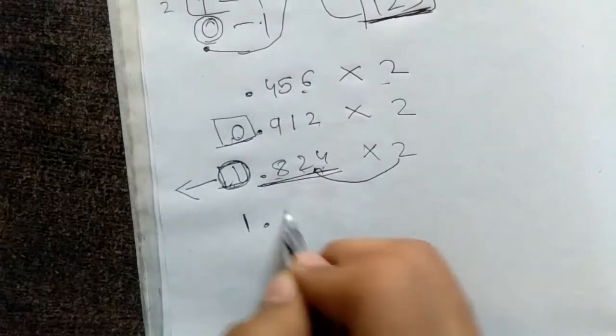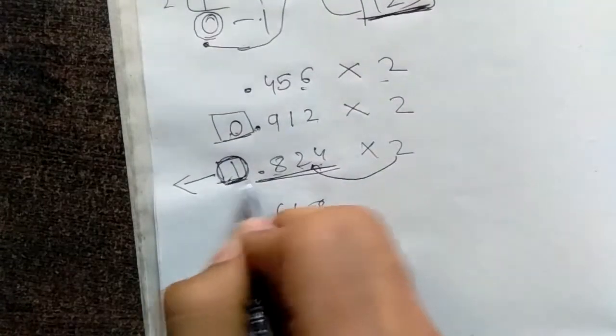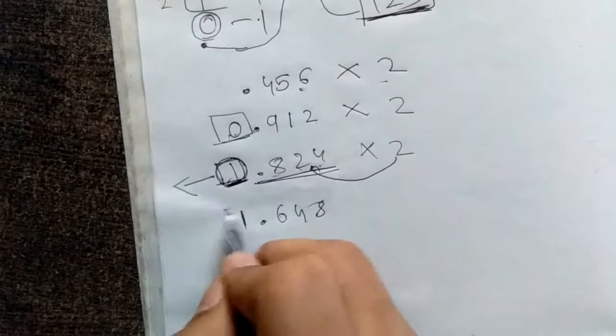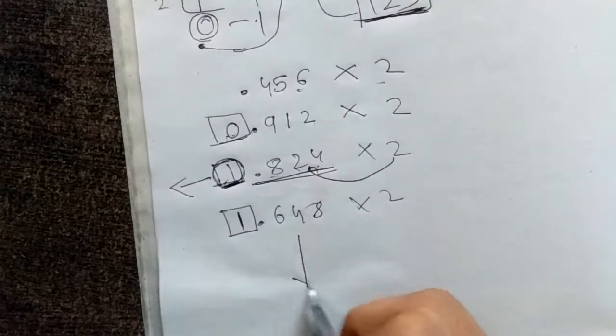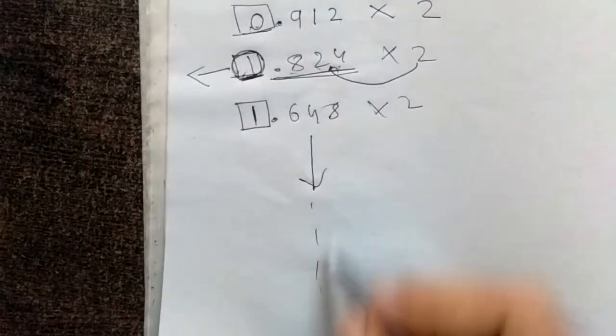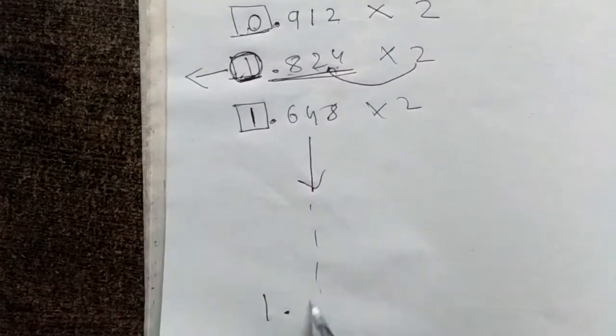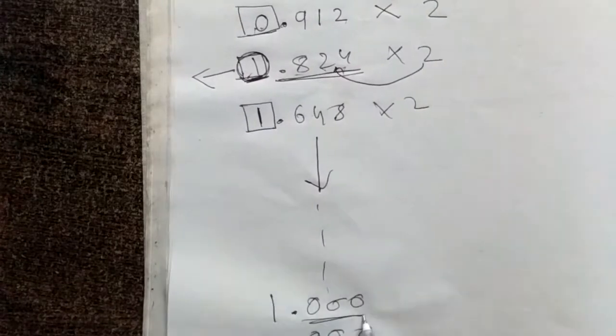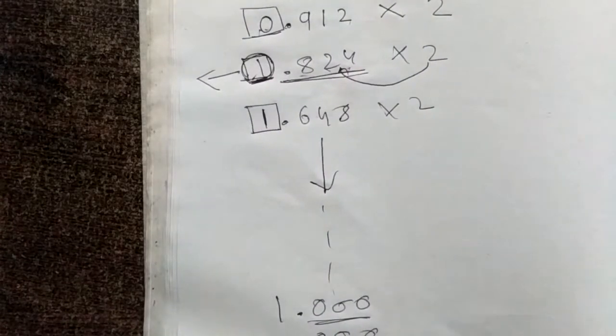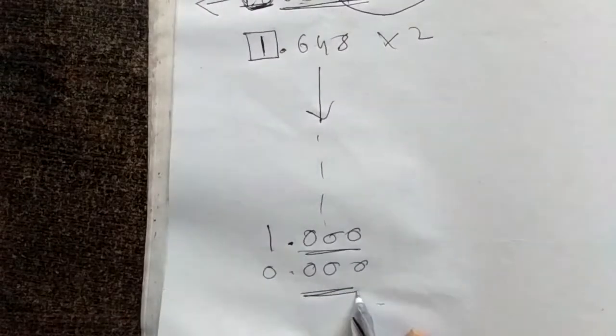This would again give you 1.648. Discard the 1, then multiply 0.648 by 2, and keep on doing this until you get 1.00 or 0.000. This part would become 0 after some time of calculation.